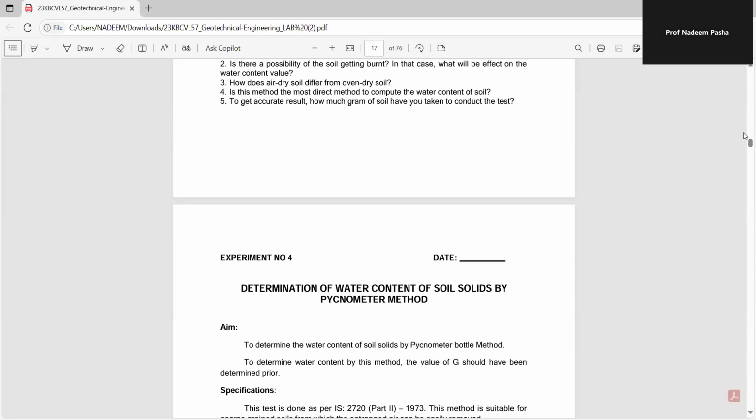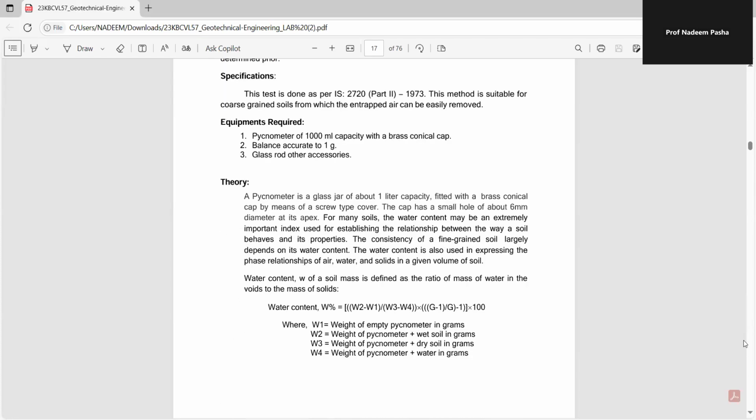What are the specifications? This test is done as per IS 2720. Water content, the definition we have already seen. Now for specification, this test is done as per IS 2720 part 2, 1973.